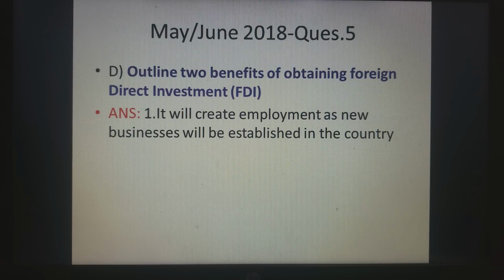When we talk about direct, it means that people from overseas come into your local country and set up a business, using their money to set up a business and operate it in the country.